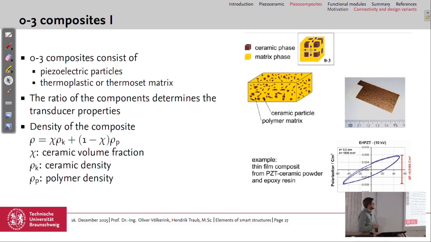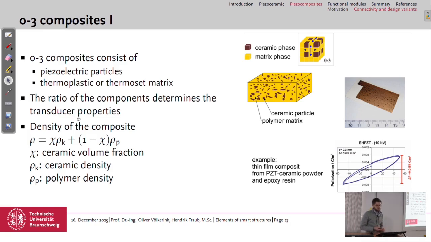So we start with the 0-3 composite: particles in a volume of matrix material, piezoelectric particles in a thermoplastic or thermoset matrix. The ratio of the components also determines the transducer properties.